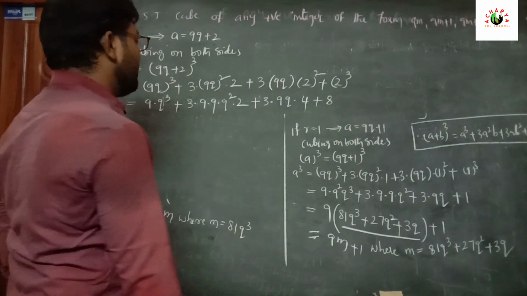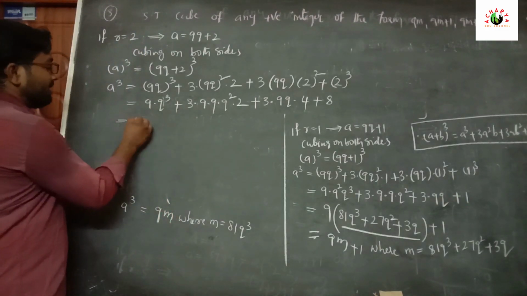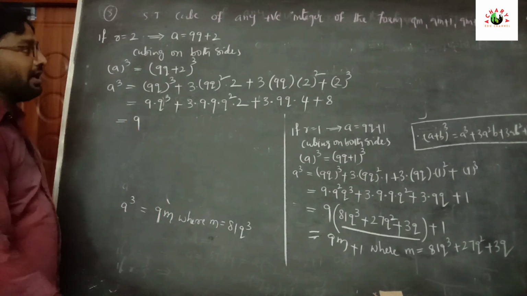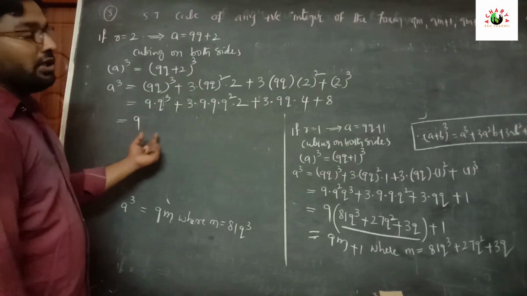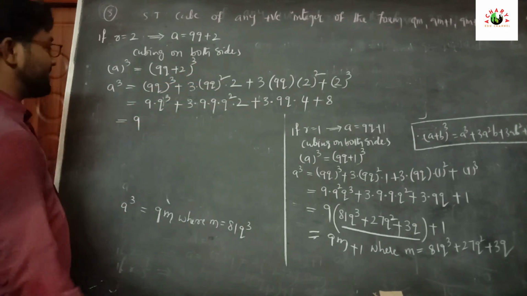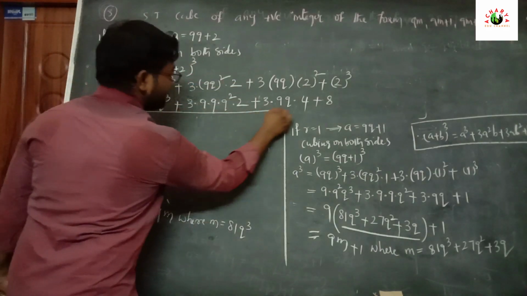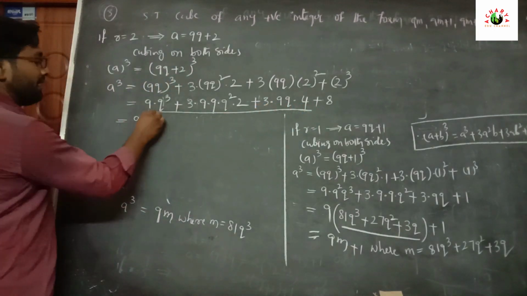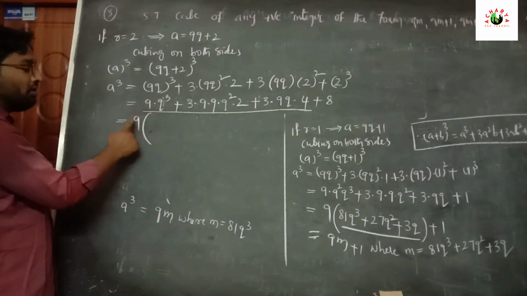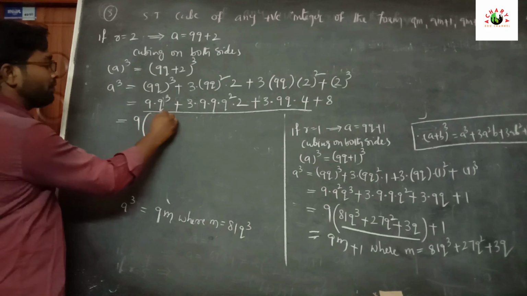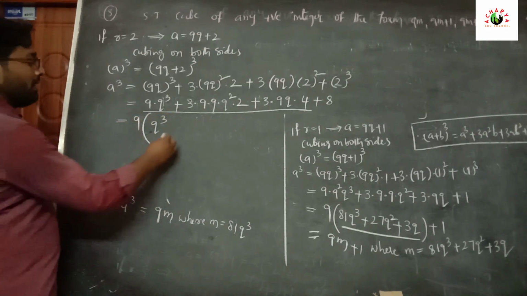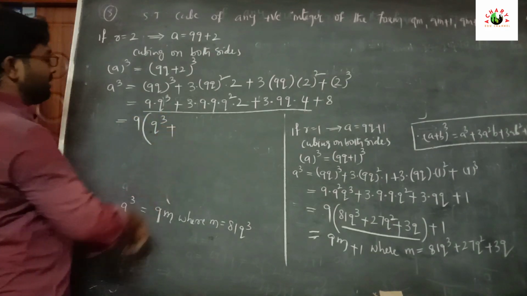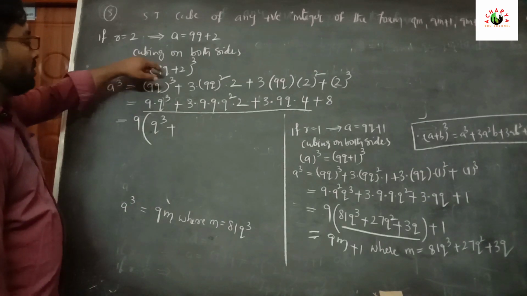Now we can take the common 9. Why? Because we are going to show the form 9m plus 8. So in these three terms we can take the common 9. In the first term we take common 9, the remaining is q cube. Here (9q) whole cube means 9 cube q cube.